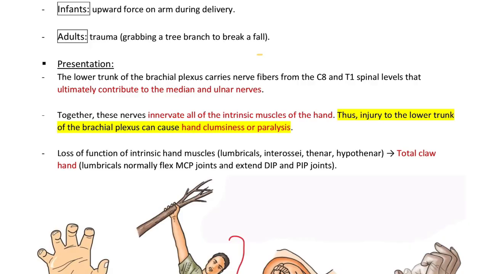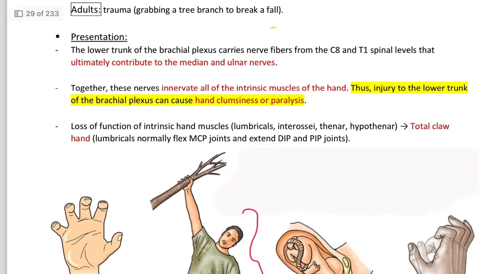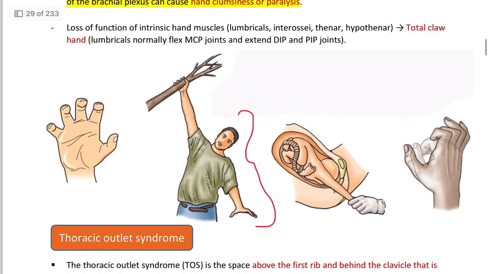In this delivery image, if the hand came out and the doctors pull that hand unknowingly, the arm pull during birth can cause this claw hand.